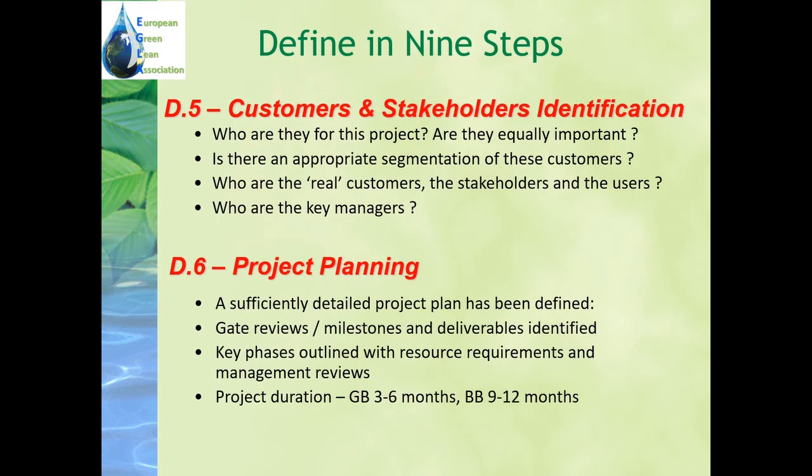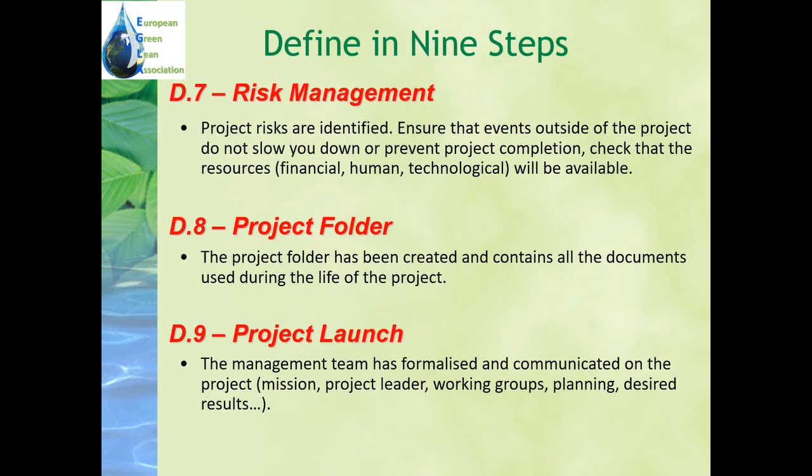Fifth, think about the customers and other stakeholders that are somehow affected by the project. Sixth, make the actual project planning. Seventh, think about risk management. And then the management parts, like the project folder and how to launch the project, are the last 2 steps.